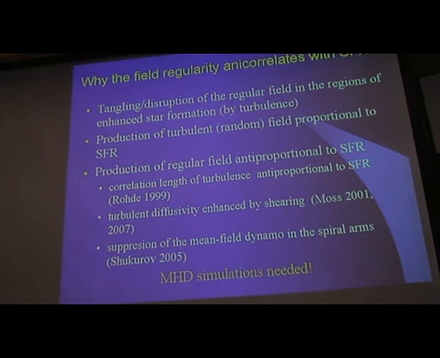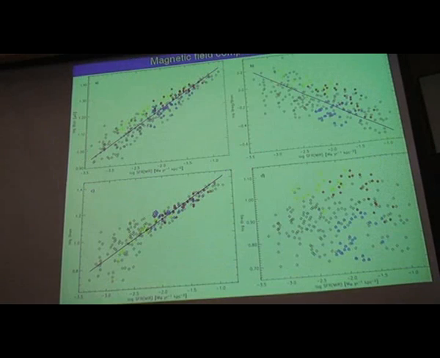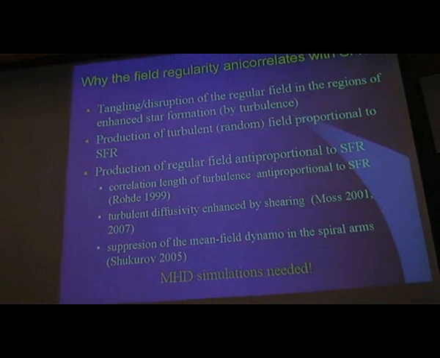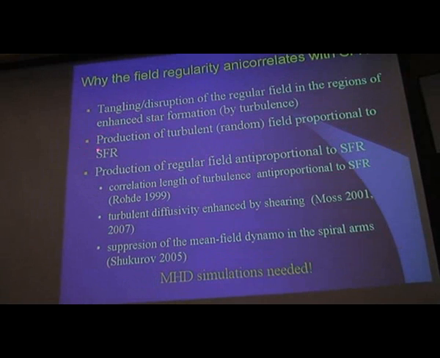But because you can see a very tight relation of the random field with star formation rate, I guess that the efficient production of turbulent field proportional to star formation rate is a principal cause for this anti-correlation.